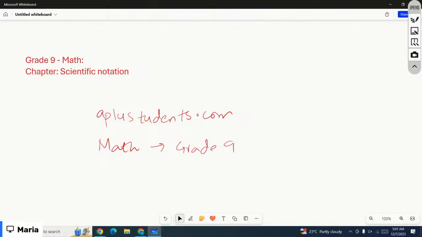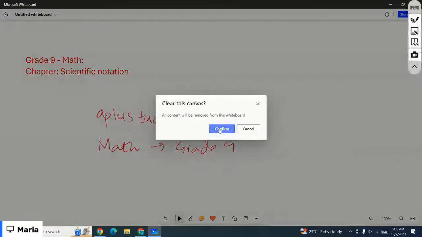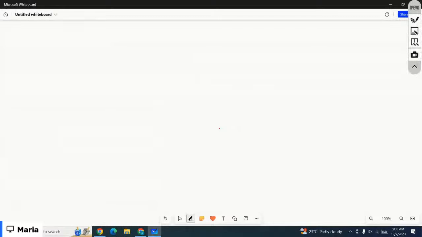Basically, scientific notation is a way of writing very large or very small numbers, right? You can write the number when a number is between 1 and 10 and is multiplied by a power of 10, right? For example, you have numbers like this, very large numbers and very small. This is a very large number, right?